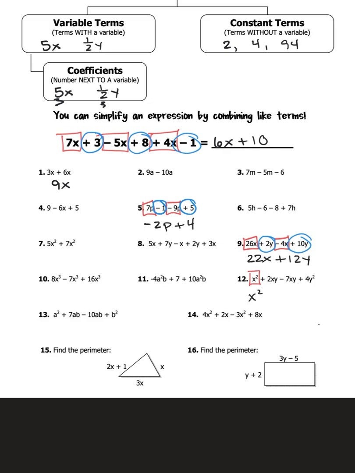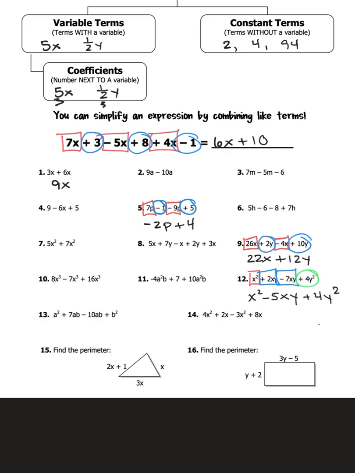I have 2xy and a -7xy. So we have 2 minus 7, which is going to give us a -5xy. And looking at my 4y squared, there is not another term to combine that with, so it's just going to stay the same. My expression is simplified to x squared minus 5xy plus 4y squared.